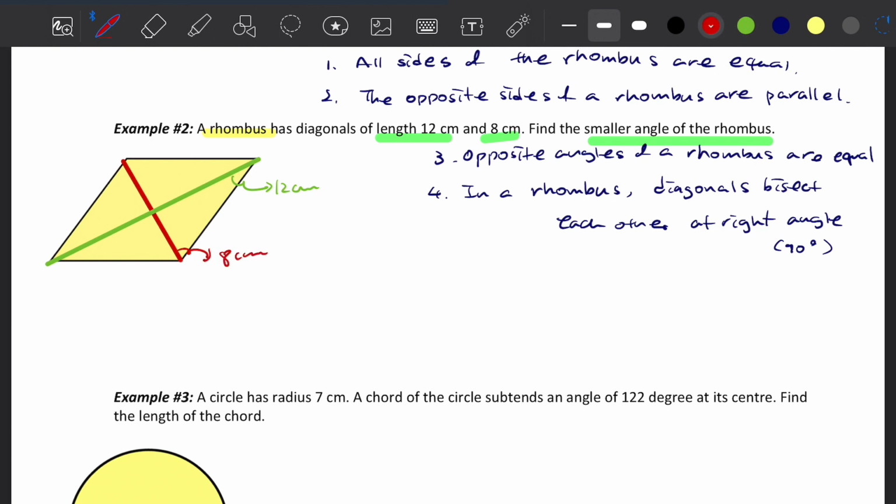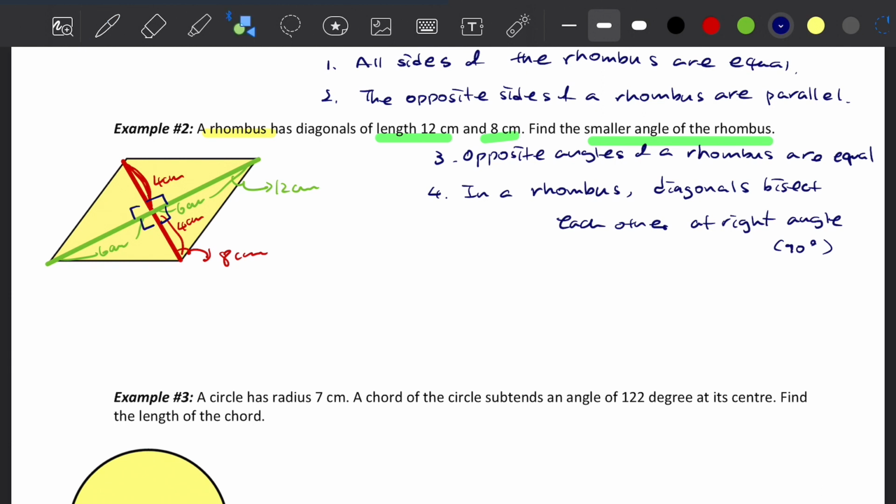Since it bisects in the middle, half of these lines gets 4 centimeters and 6 centimeters here. These are its lengths. And we know that in a rhombus, diagonals bisect each other at right angle, so the angles here are 90 degrees.